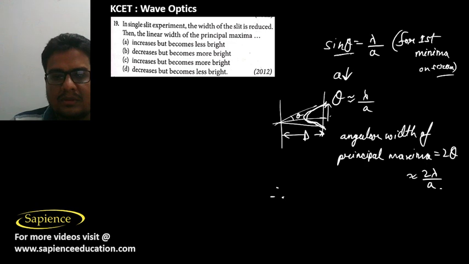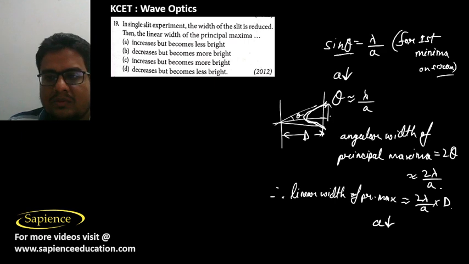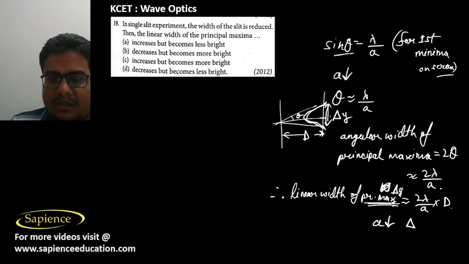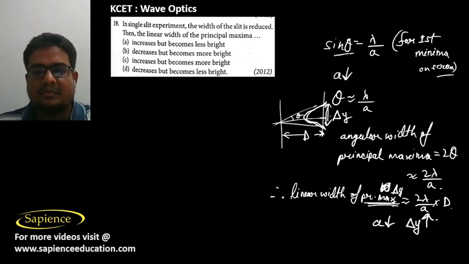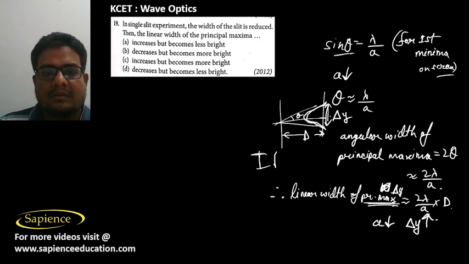So the linear width of the principal maxima, let us call it delta y, is approximately 2 lambda by a into D. When the width of the slit a is reduced, and 2 lambda and D are constants, then this delta y will increase.